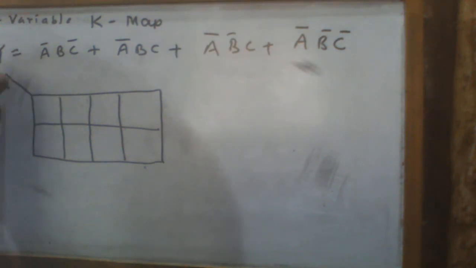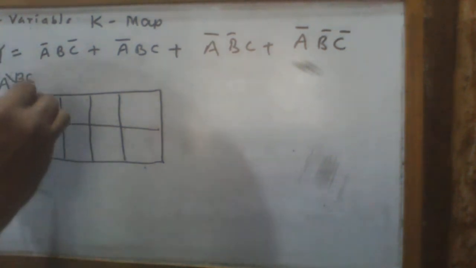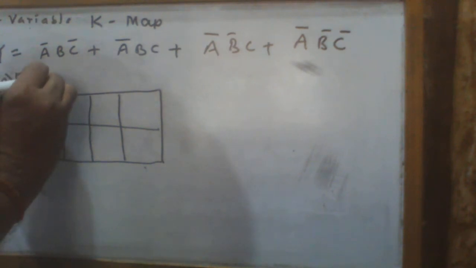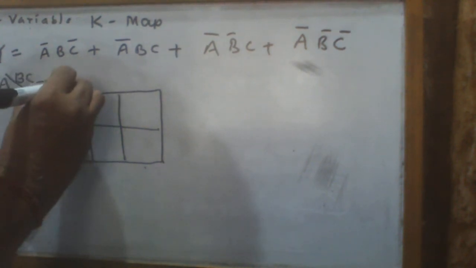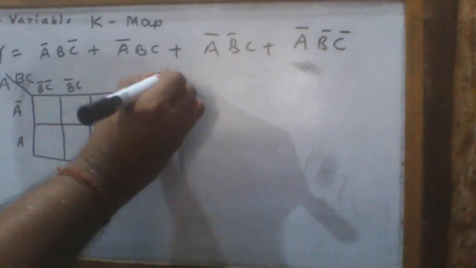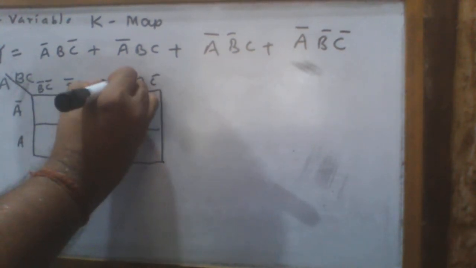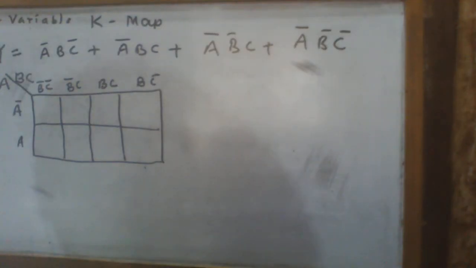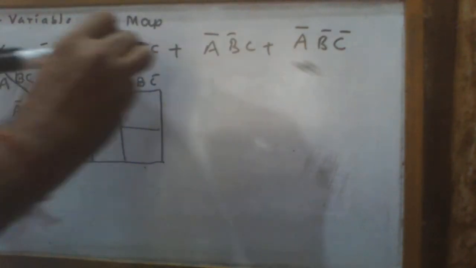These 3 variables are A, B and C. A has 2 possibilities, either A bar or the true form A. BC also has B bar C bar, B bar C, B C bar and B C. These are the 4 possibilities for BC.